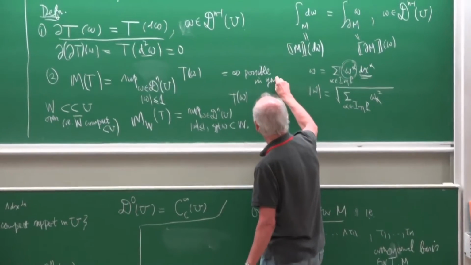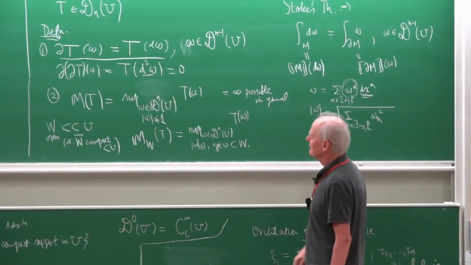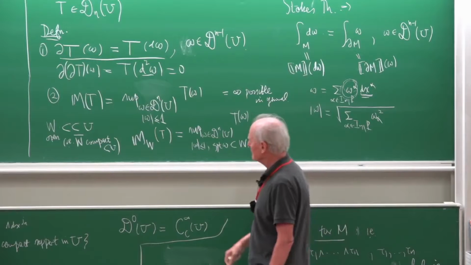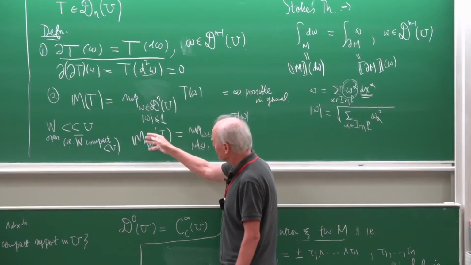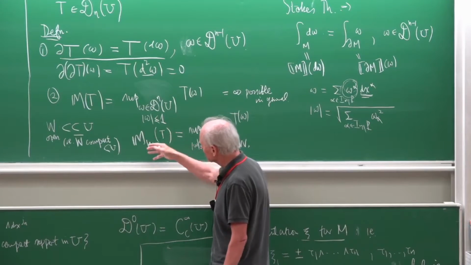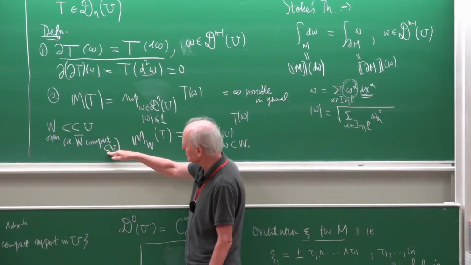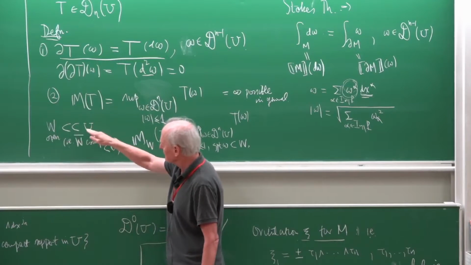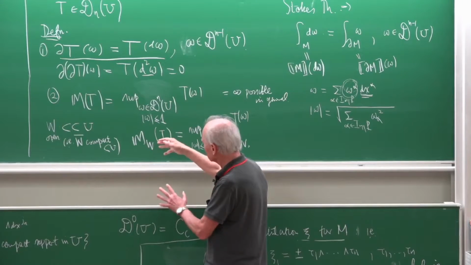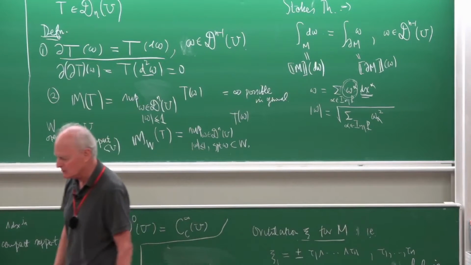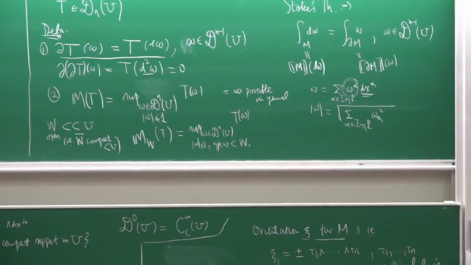So one would hope that by hypothesizing that this is finite for each W properly contained in U, we would get some better properties for T. It would be an interesting class of currents to look at.